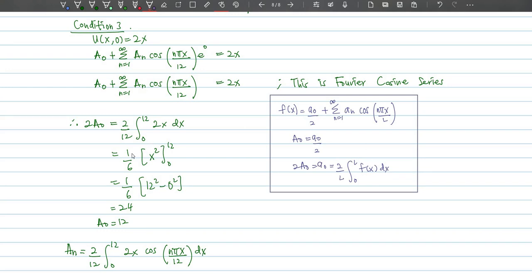And then here, we just need to substitute, to find 2A naught is equal to 2 over 12, integrate 0 to 12, 2x with respect to x, because f(x) is equal to 2x. Integrate, so we have here x squared, because I have simplified the function, and substitute the upper boundary minus the lower boundary, and here we have 2A naught equal to 24, which means A naught equal to 12.